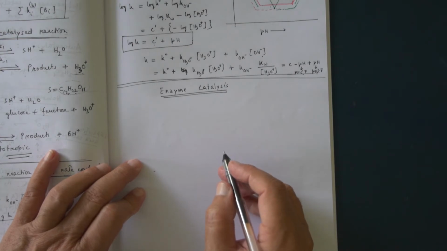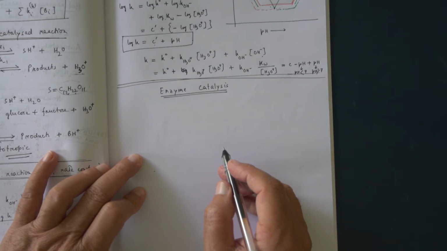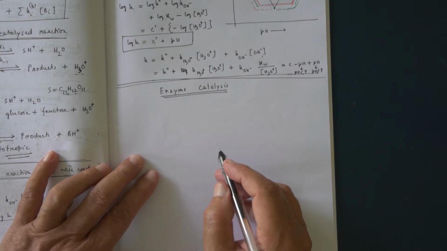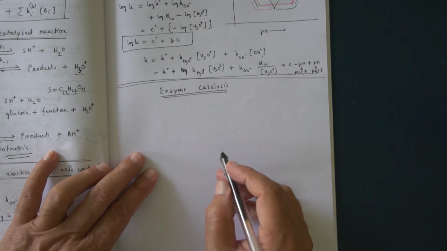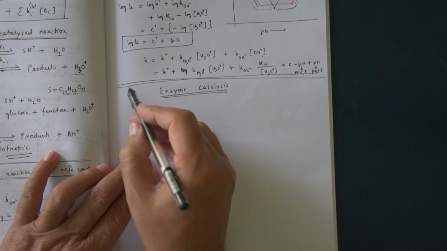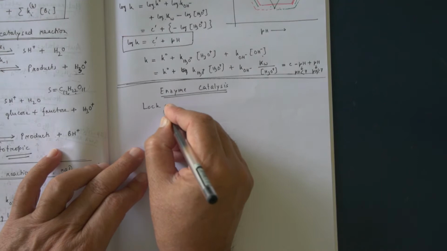And not only in our body, in any living organism so many reactions are going on, and most of these reactions are catalyzed by enzymes. Enzymes increase the rate of reaction to a large extent. Now you know about the lock and key model.